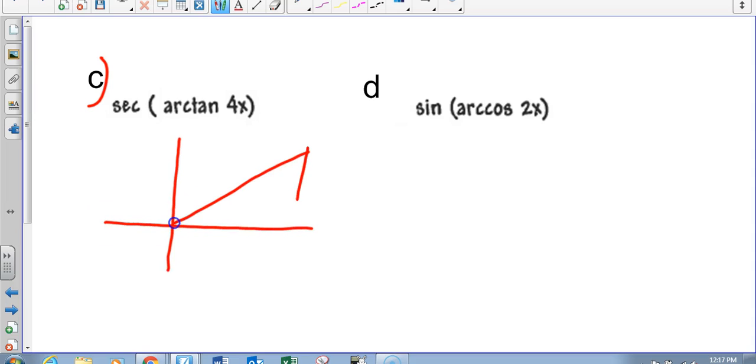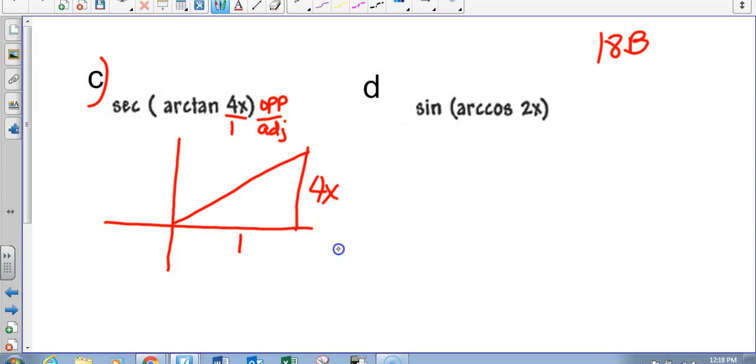Okay, it says on worksheet 18B, if the tangent is 4x or 4x over 1, tangent is opposite over adjacent. Opposite is 4x, adjacent is 1.